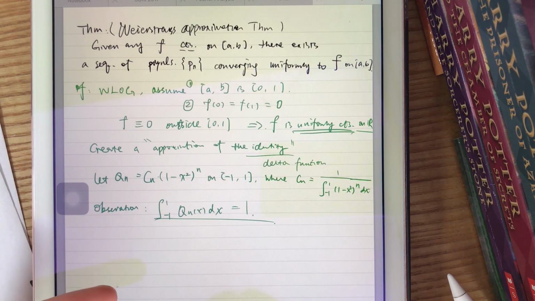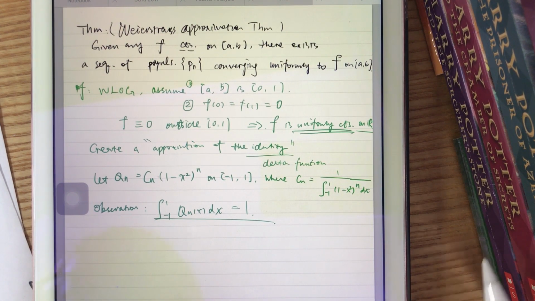And the rest of it is the inverse of Cn. Okay, so the integral of Qn with respect to x from minus 1 to 1 is equal to 1.